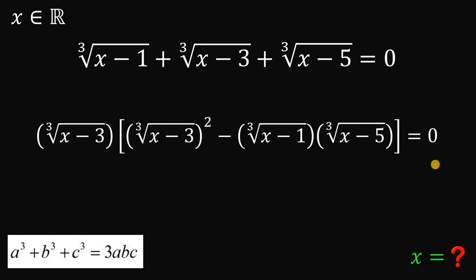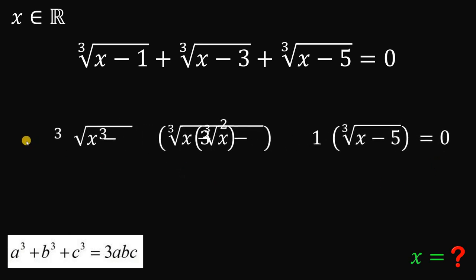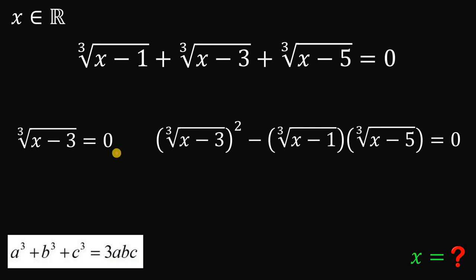Alright. Now since it is equal to 0, we can use the zero property. So at least one of them must be equal to 0. So we can say that cube root of x minus 3 equals 0, or cube root of x minus 3 raised to the power of 2 minus cube root of x minus 1 times cube root of x minus 5 equals 0. Now let's focus on the first case.